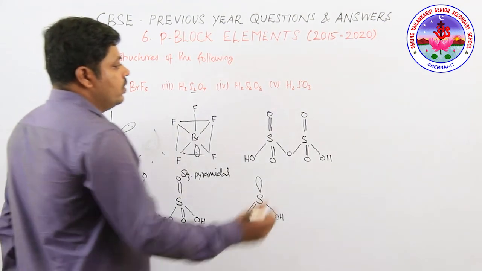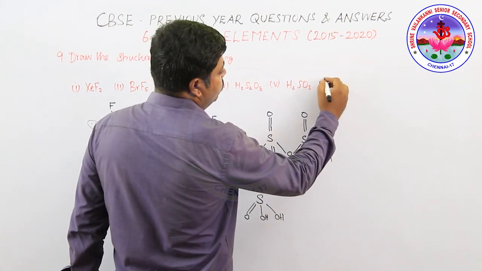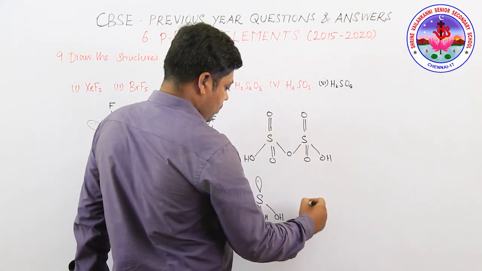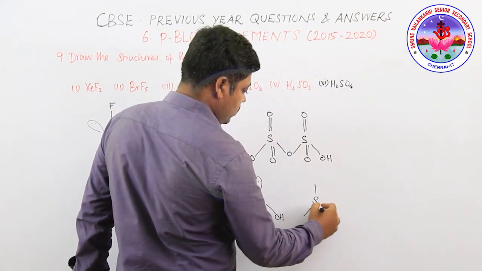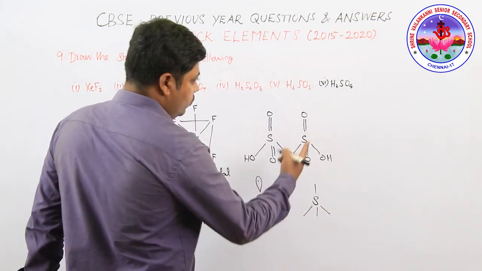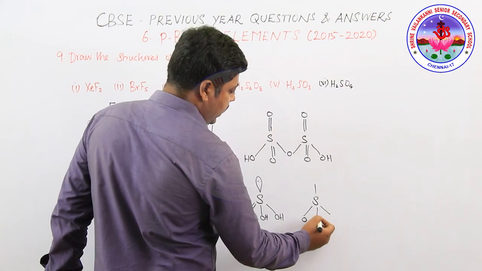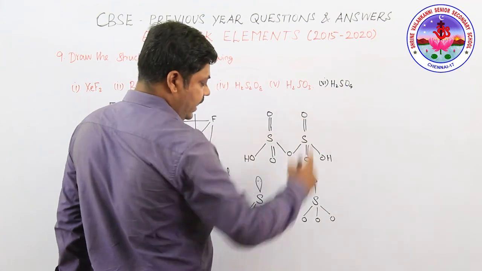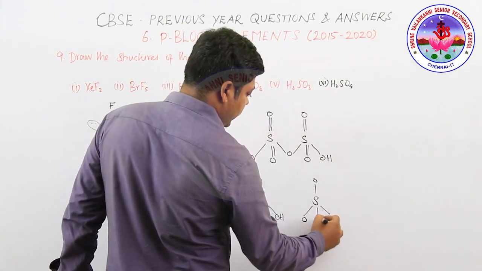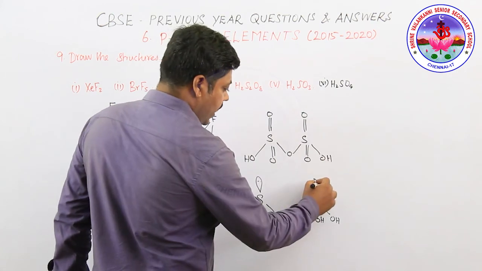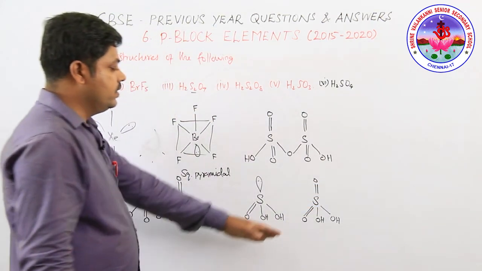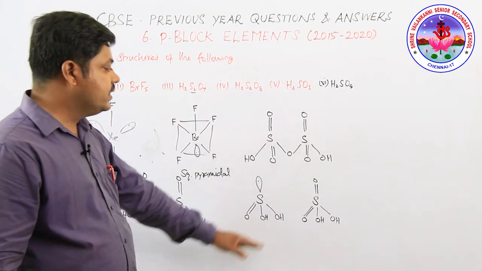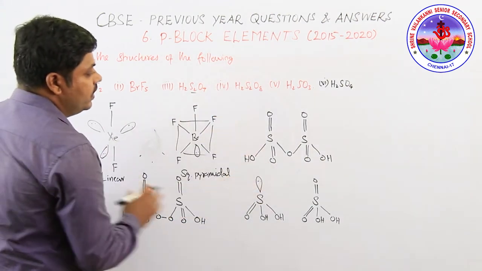Similarly, H2SO4: just write here the number of oxygen, 4 oxygen atoms are there. Then the remaining hydrogen is 2. Just write the 2 hydrogen, then balance the oxygen. This is the structure of H2SO4, sulfuric acid, and H2SO3 is sulfurous acid. So this is the method of writing the structures.